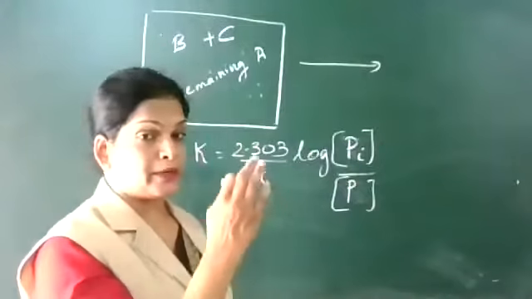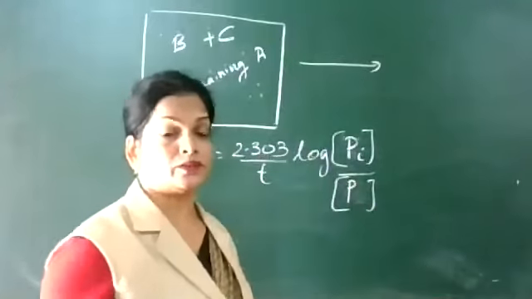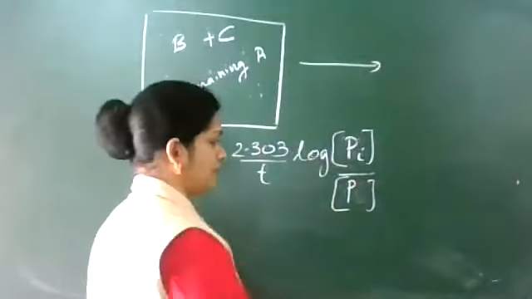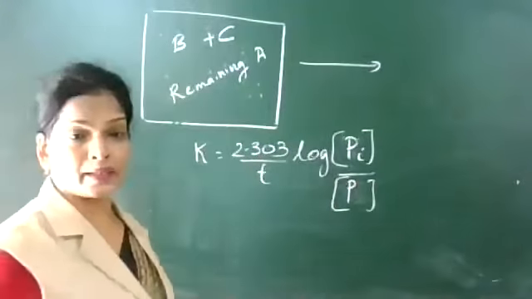In some cases they print Pi or P naught, so both you should know. Pi means P initial, and P is the remaining pressure.